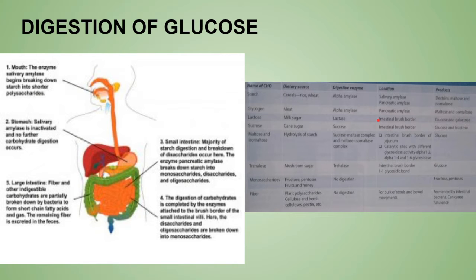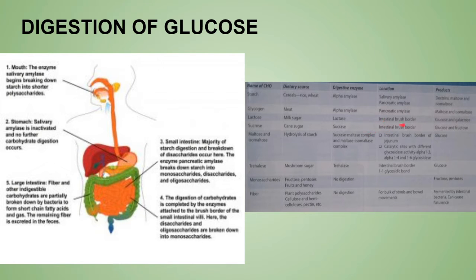Their respective enzymes are present in the intestinal brush border cells, that is sucrase, lactase, maltase, and isomaltase, right? And they will digest the particular substance named. Sucrase will digest the sucrose, and so on.